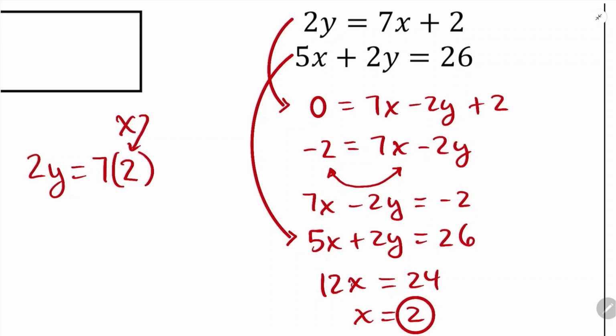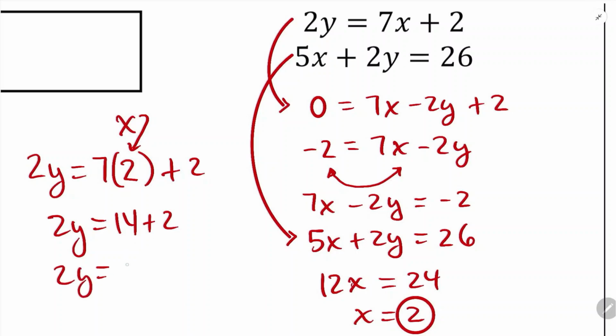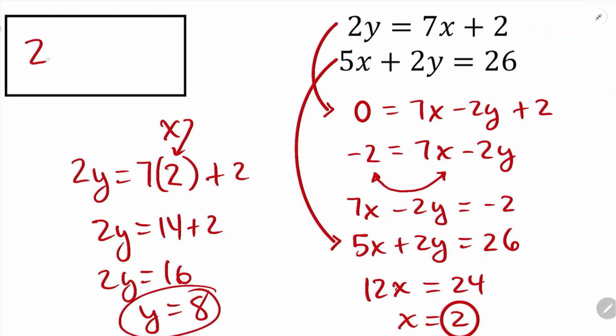So twice y equals 14 plus 2. Twice y is 16, so y would be the number 8. So I've got this solution here where I believe x is 2 and y is the number 8.